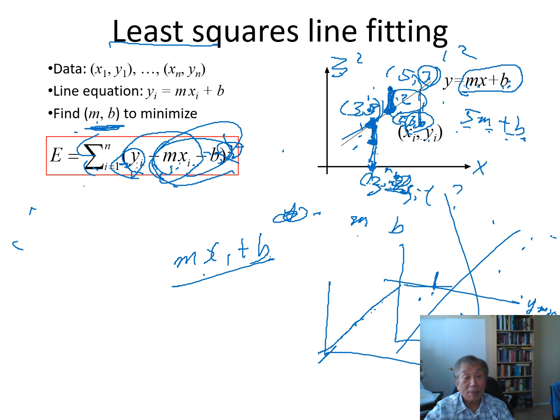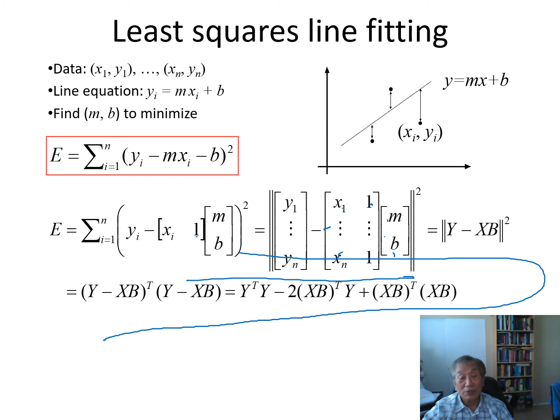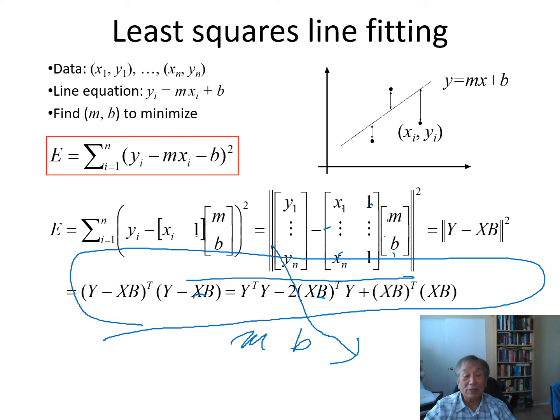So if we do that, then we get those m and b and x1, y1, all those calculations. You can calculate m and b by inverting the matrix, because you've got so many points. It looks like calculating eigenvalue and eigenvector, but actually it's different.